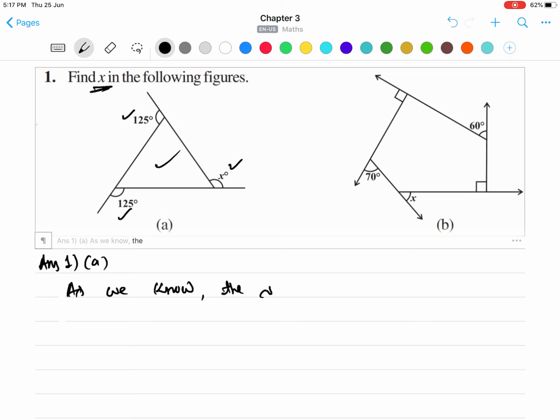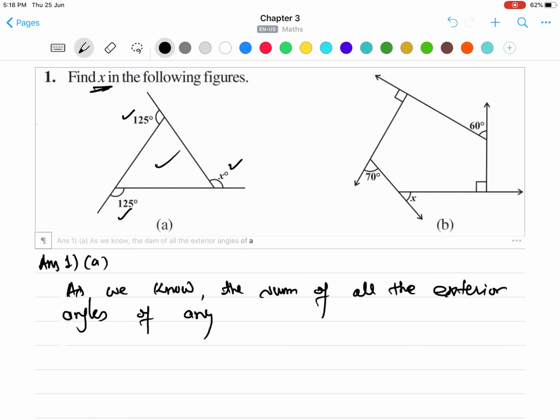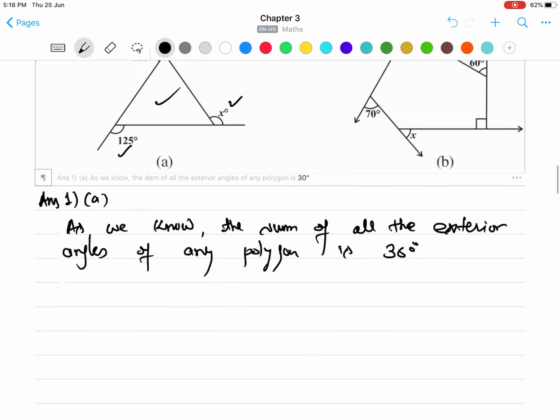the sum of all the exterior angles of any polygon is 360 degrees.